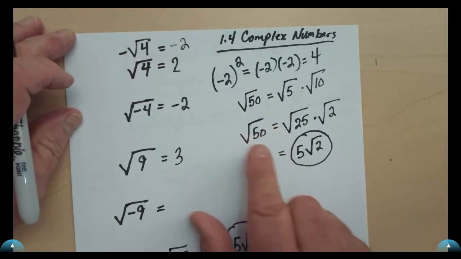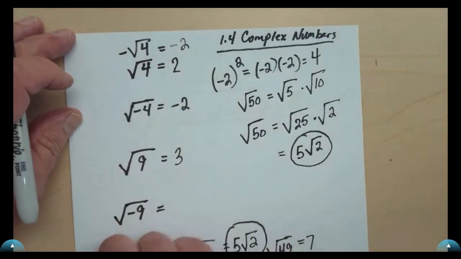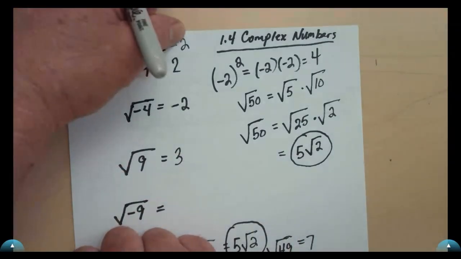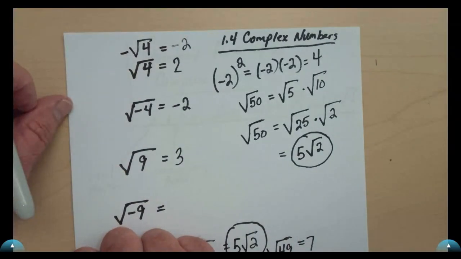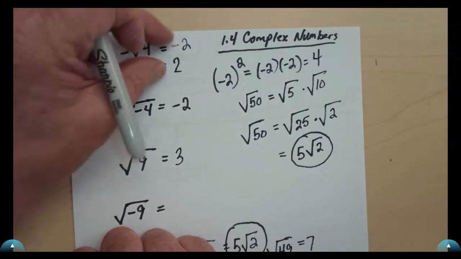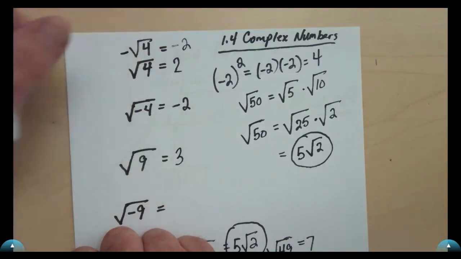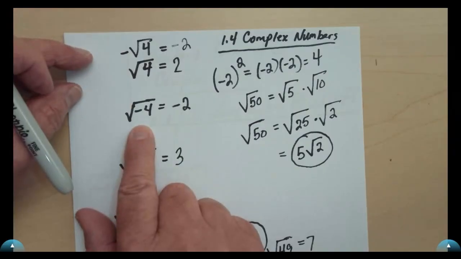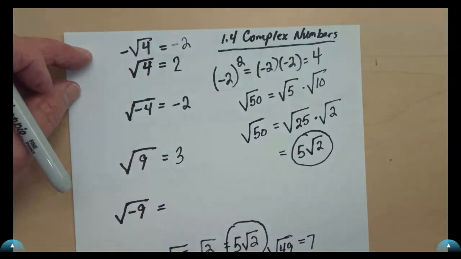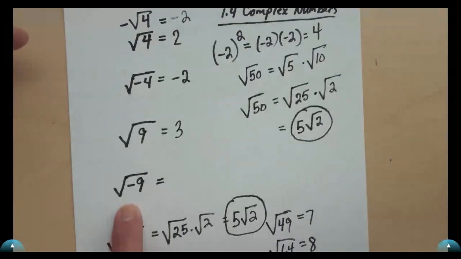Because both of these numbers work: 2 squared is equal to positive 4, and negative 2 squared is also equal to positive 4. So those are the 2 different square roots of positive 4. Negative 4, we got a problem. We're going to have a similar problem when we try to find the square root of negative 9. We'll have a similar problem when we try to find the square root of negative 50.